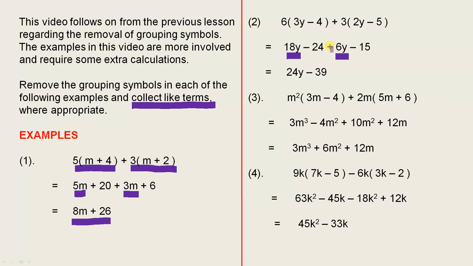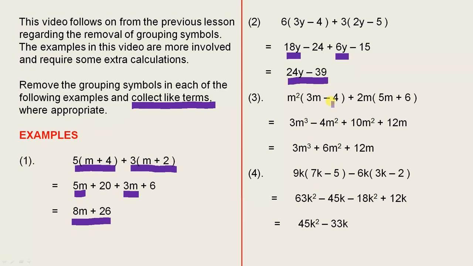You always take the sign immediately to the left of the term. That's the one that relates to that term there. That's why it's 18y plus 6y, which gives you 24y. Minus 24 minus 15 gives us minus 39. So that's the answer.